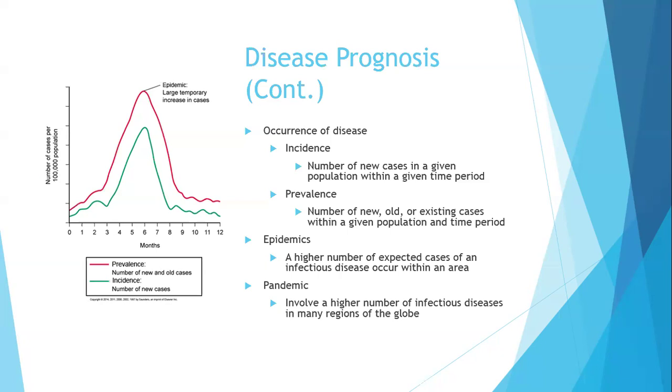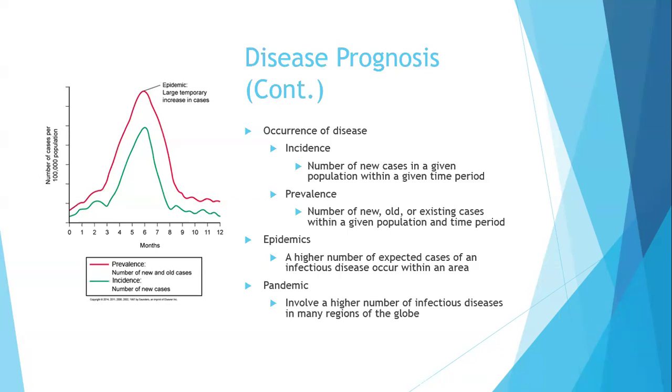Prevalence is the number of new, old, or existing cases within a given population and time period. So you can say at this time, X number of people have this disease. So the incidence is the number of new cases, and the prevalence is the number of new, old, or existing cases. So everybody that has it at once.